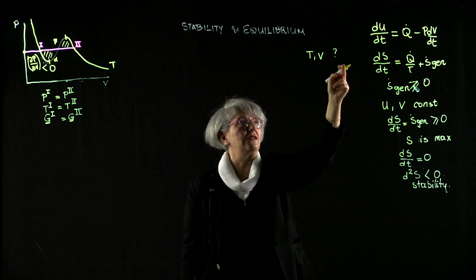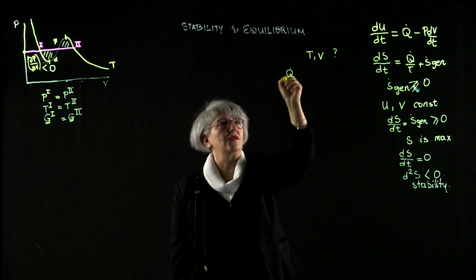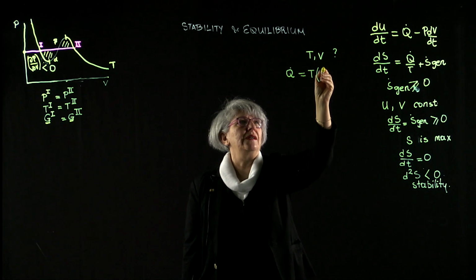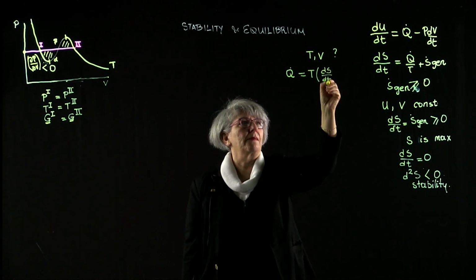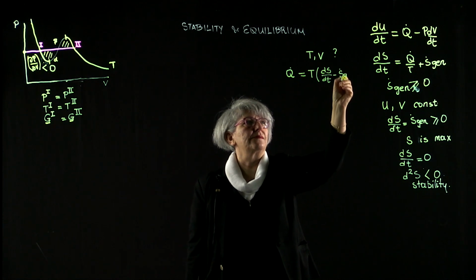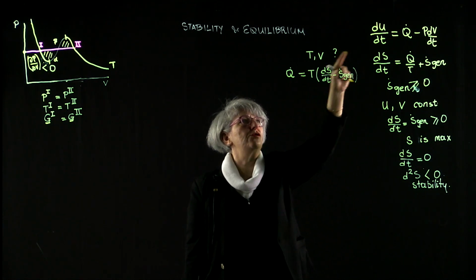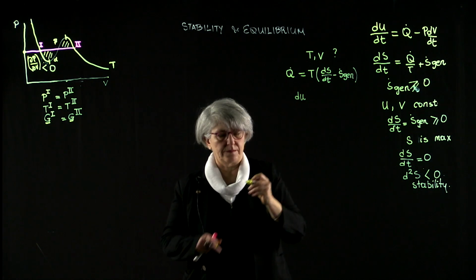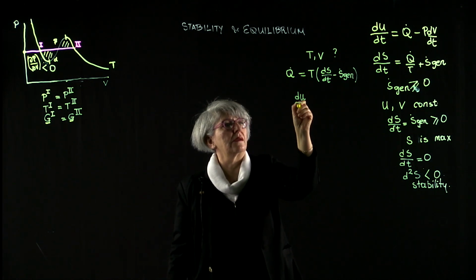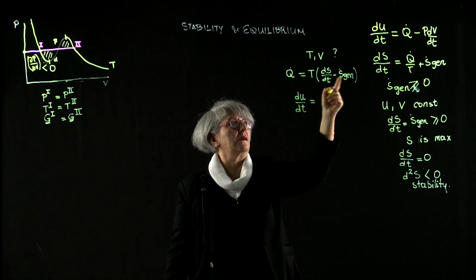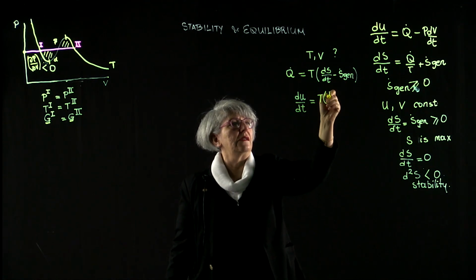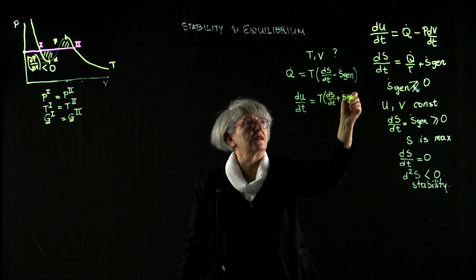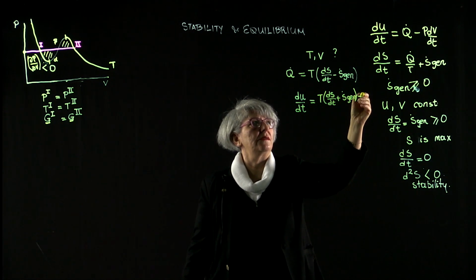So let us extract the Q term from the entropy balance as T multiplied by ds over dt minus S generated, and substitute this into the energy balance: T ds over dt plus S dot generated, minus P dV over dt.